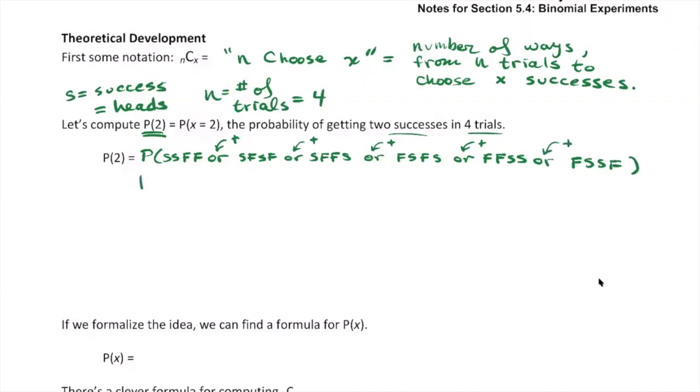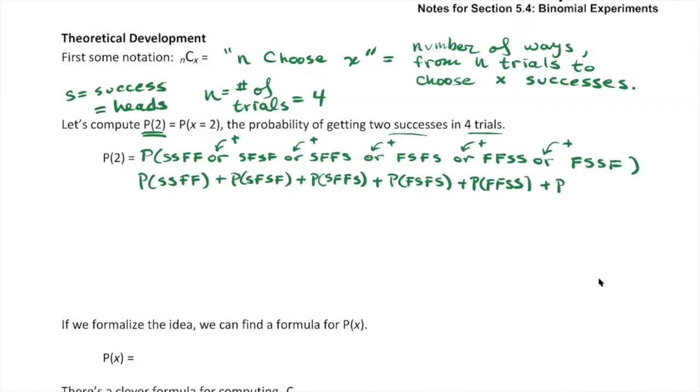So this is the probability of 2 successes and 2 failures, plus the probability of a success, a fail, a success, a fail, and so on. Okay, so we're adding all of those.